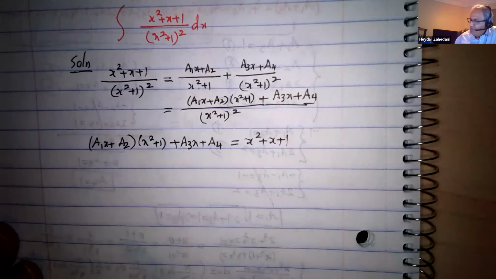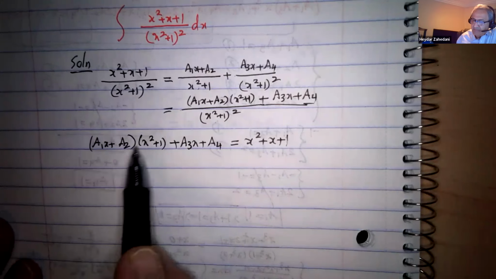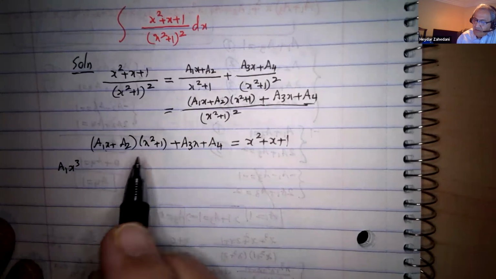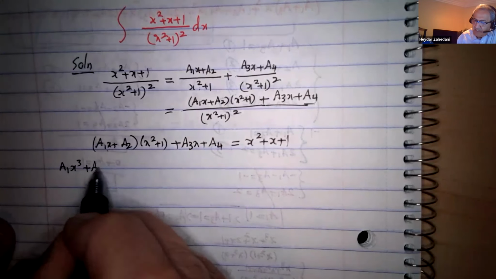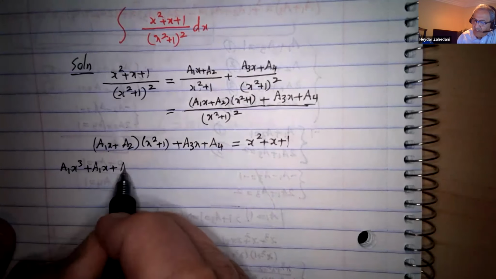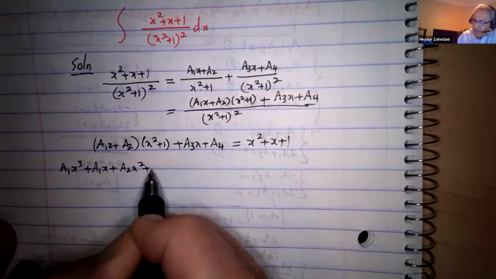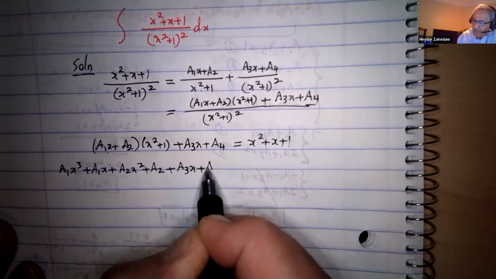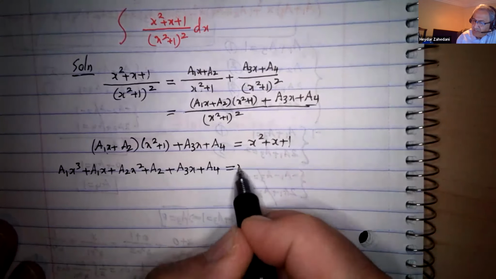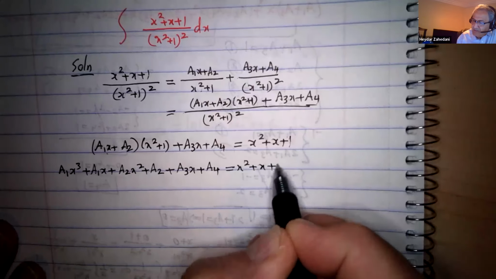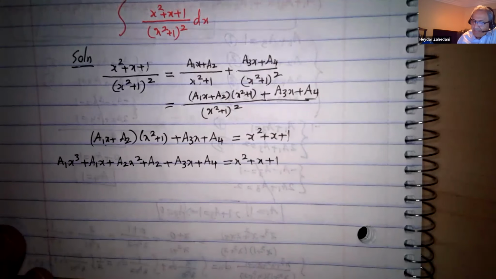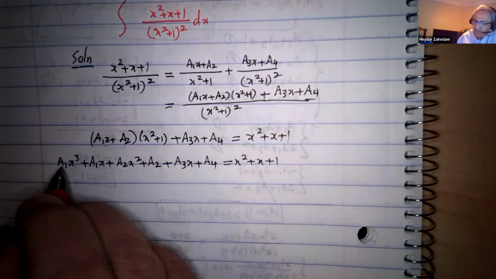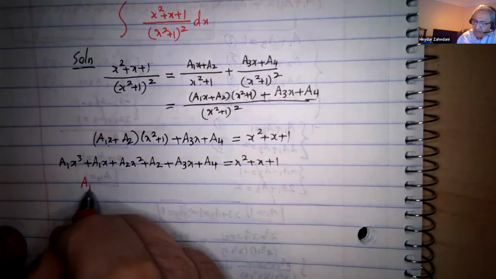So I'm going to FOIL this one, multiply, go forward. That gives me a1x cubed. Then I continue with a1x plus a2x squared plus a2. And that would be a3x plus a4. And this is going to be x squared plus x plus 1. Okay, put them nicely together. It's going to be a1x cubed.